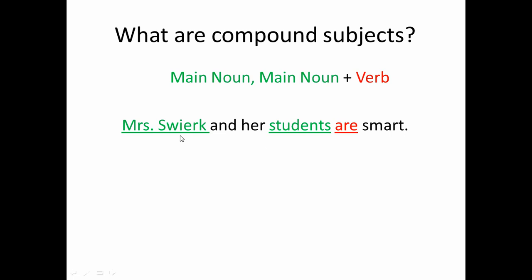Last one. Mrs. Swerk and her students are smart. Who or what is the sentence about? It's about both Mrs. Swerk and also her students, and they're sharing the same being verb, which is are. This word are links Mrs. Swerk and her students to the word smart.